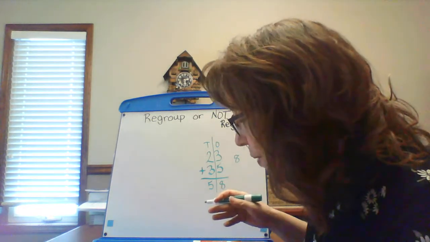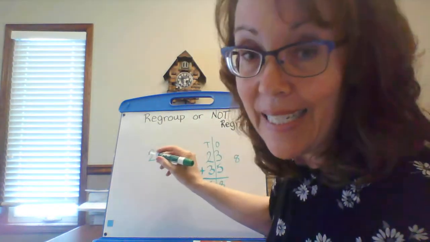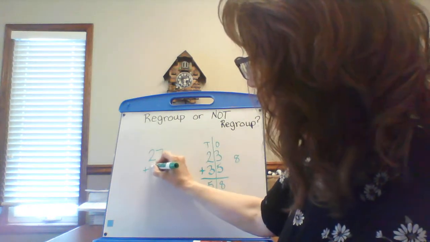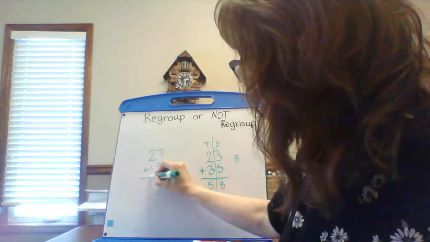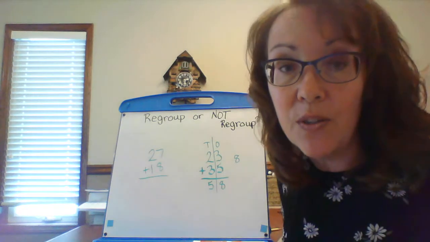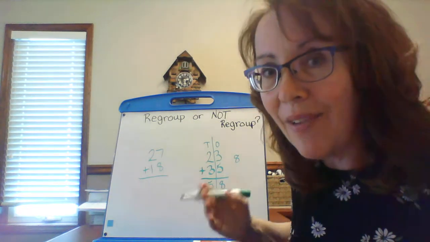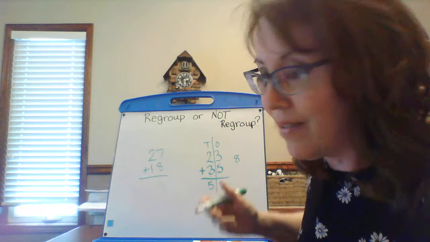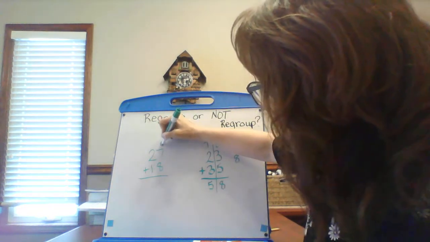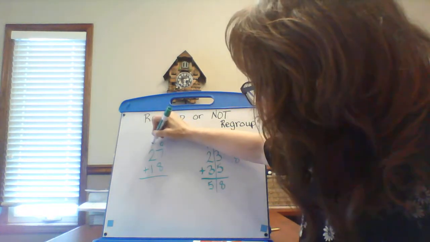Let's look at our next question. We've got 27 plus 18. Again, I want to split my numbers and figure out where my ones place and my tens place are. My ones place is on the right and my tens is right beside.